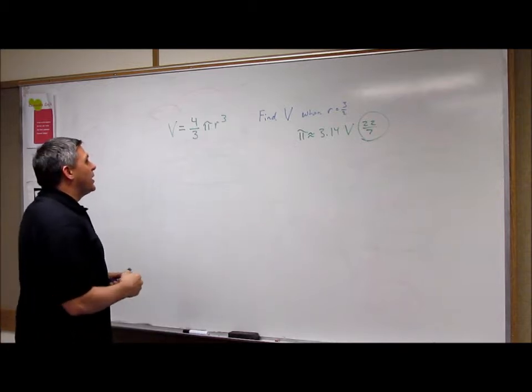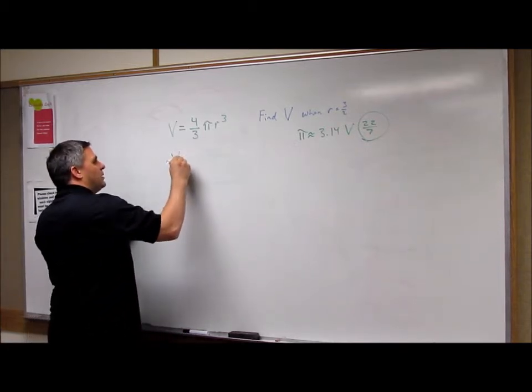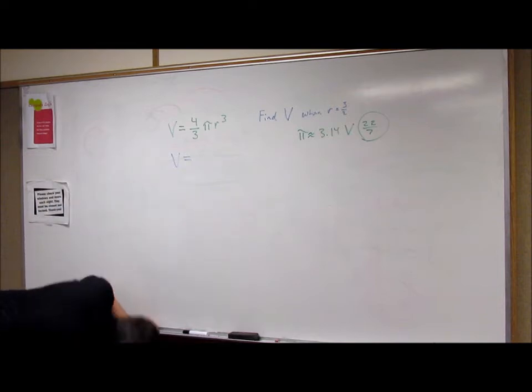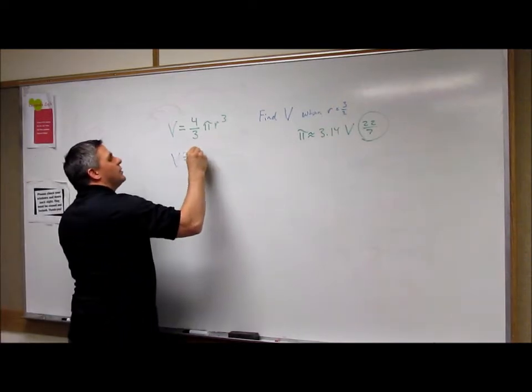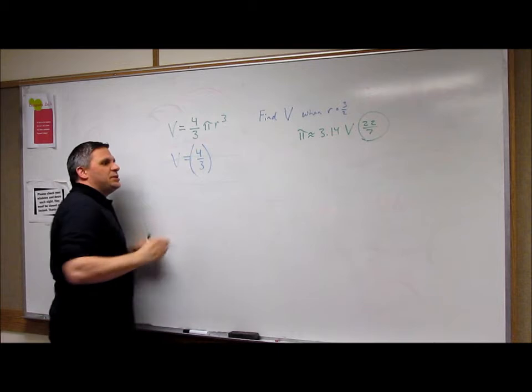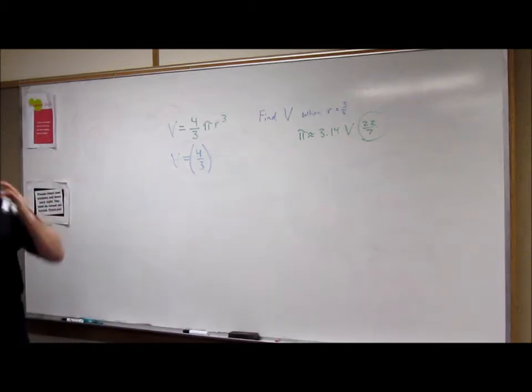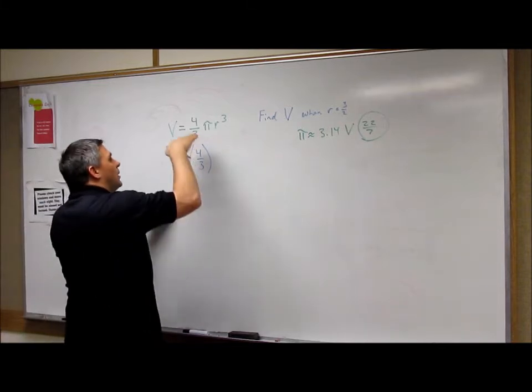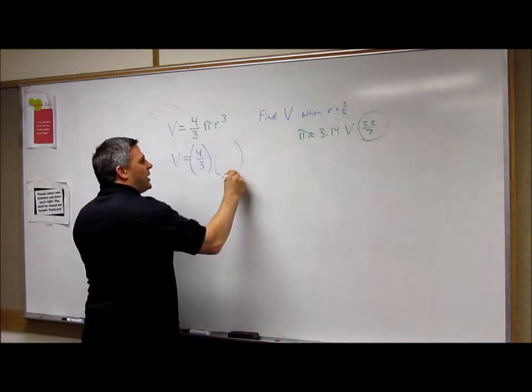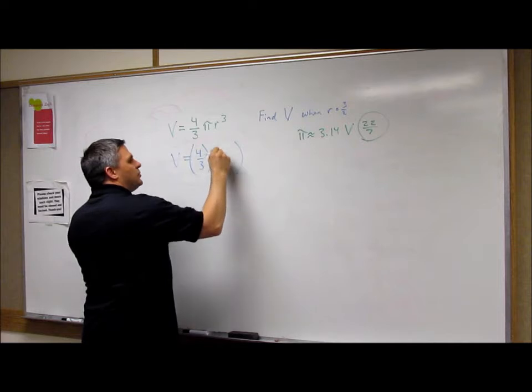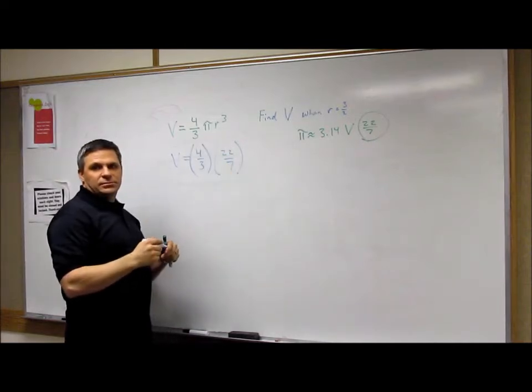So, how are we going to do this? Well, we're going to plug it in. V equals 4/3. Now, when I do this, I highly suggest parentheses. They're going to help you a lot. Pi. What is pi? 22/7.